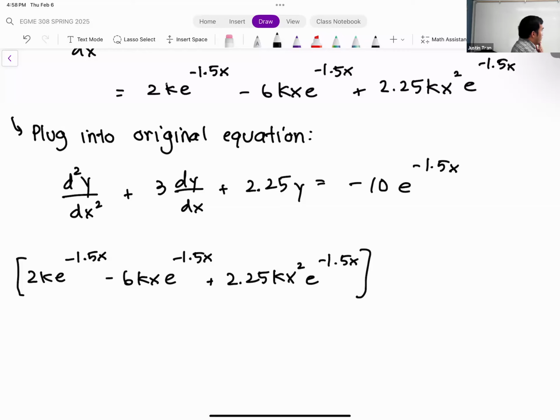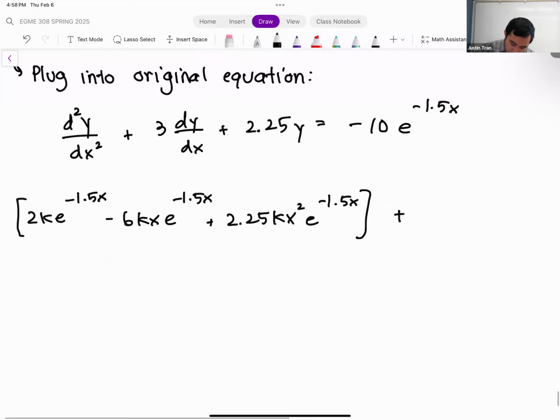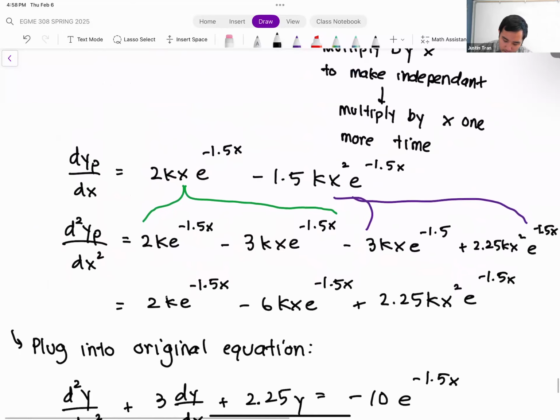Let's plug in for the second term. The second term is 3 times the first order derivative. So we're going to have plus 3 multiplied by our first derivative, which was up here.